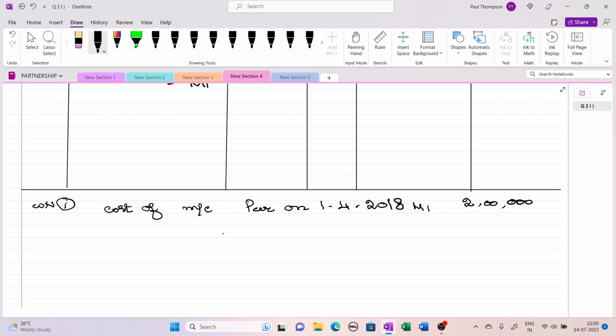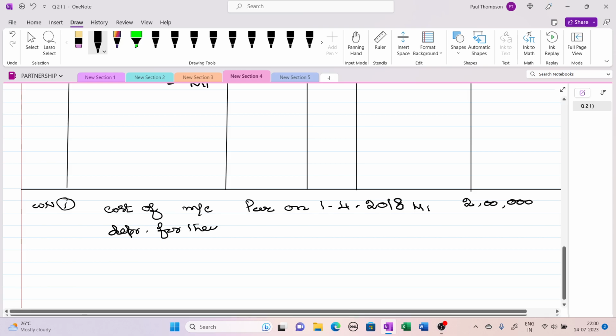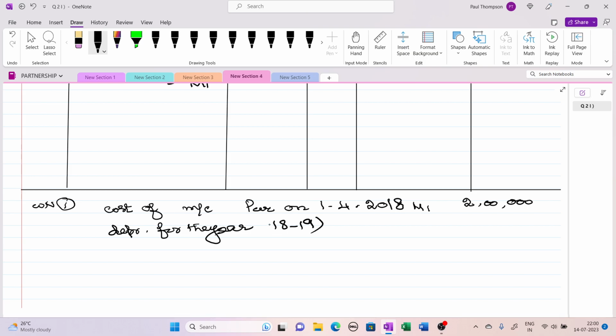So on 31st March, we would have charged depreciation for the year 1819, that is up to 31st March 19. We are charging 10% WDV. So what is the depreciation? 20,000.